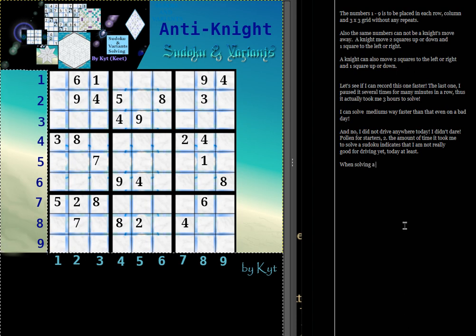Okay, when solving an anti-knight, it is useful to look for any givens, if any.